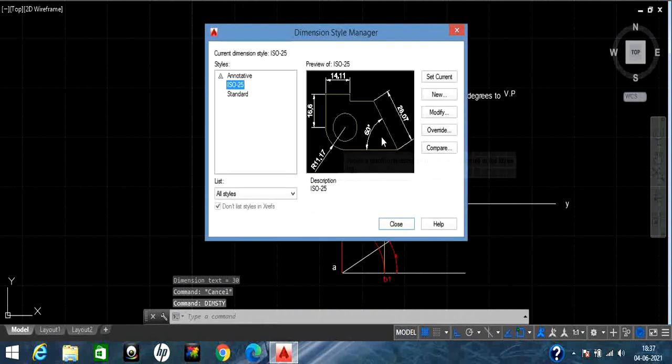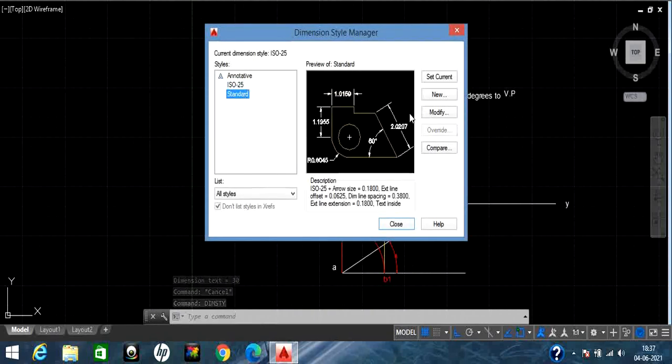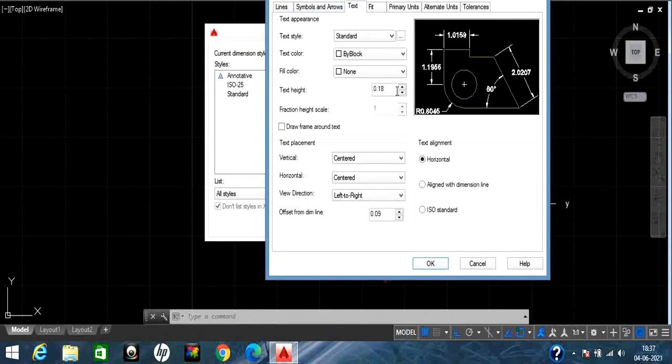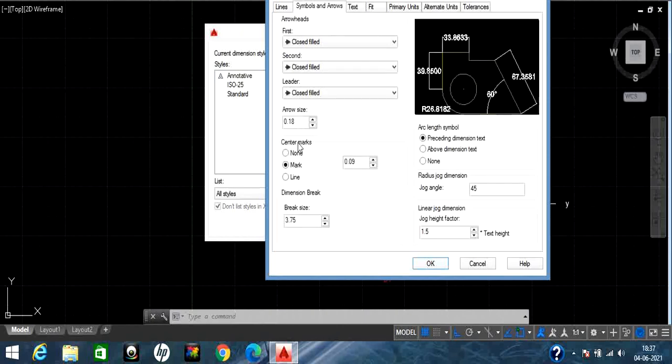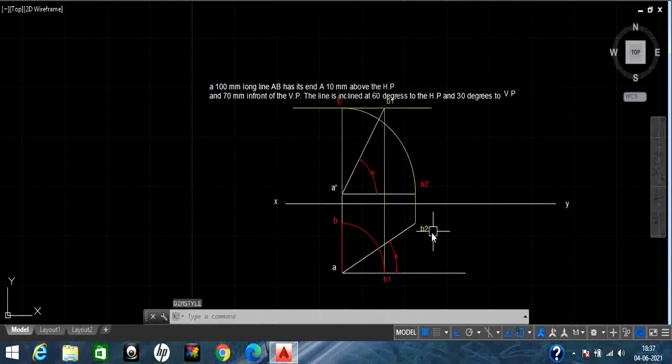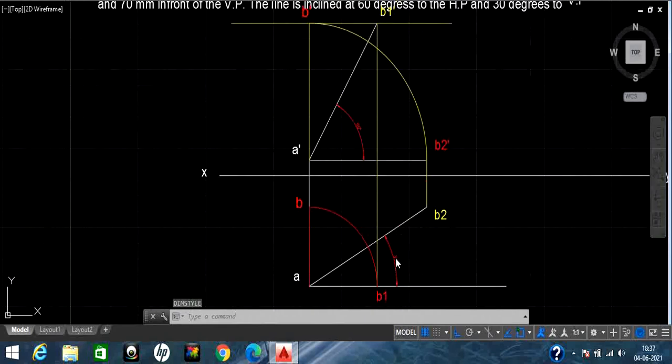This is the procedure for how to increase the size of the dimension. Now I am taking text. The text height, now I am taking 6. The symbol and arrow size, now I am taking 3. Then OK, set current, then close. Delete this one and this one.